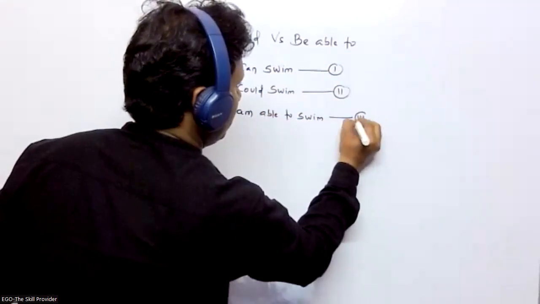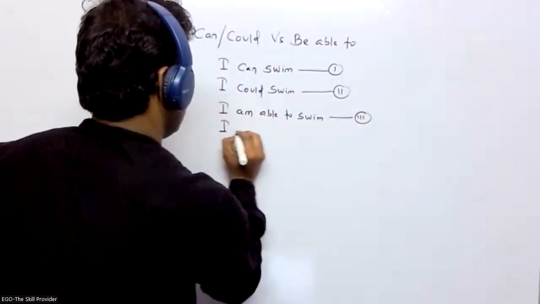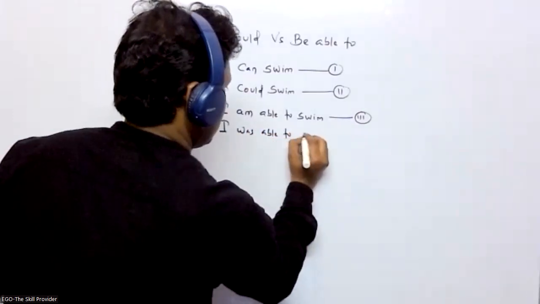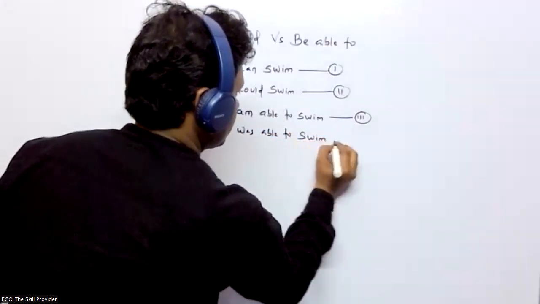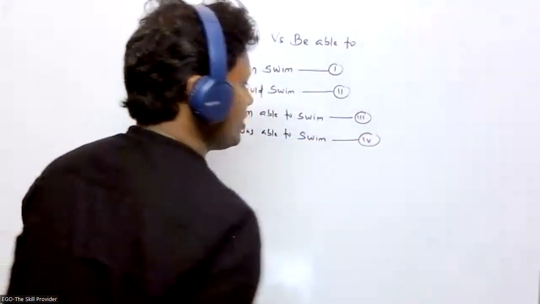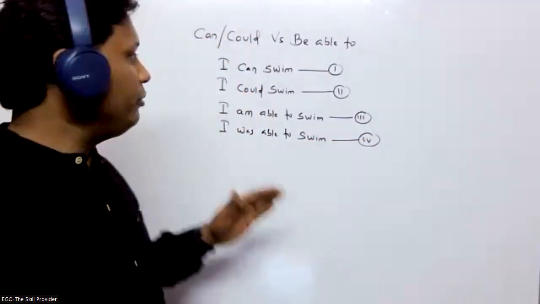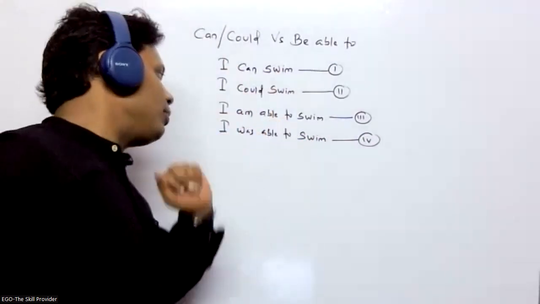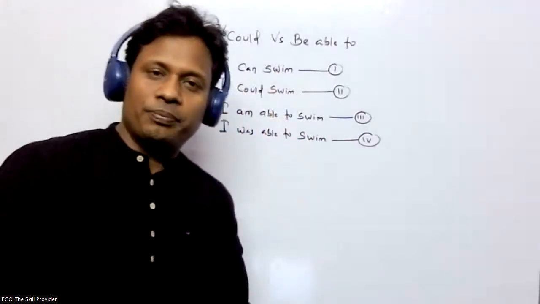This is my third example. And I was able to swim. So these are four sentences I have written before you. I can swim. I could swim. I am able to swim. I was able to swim.